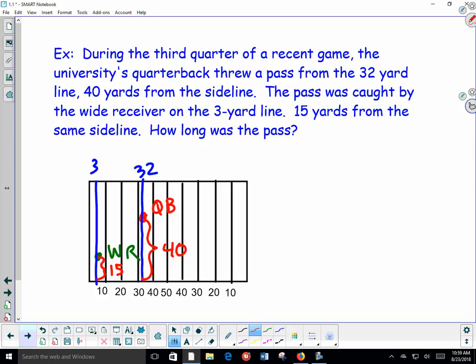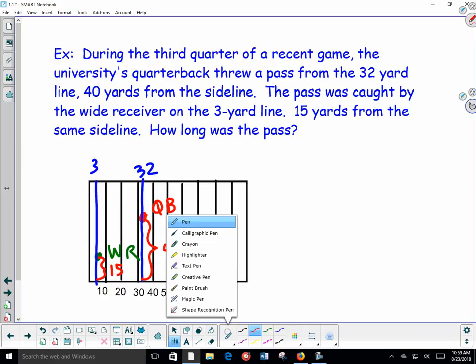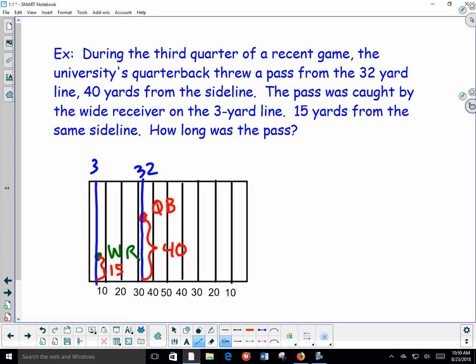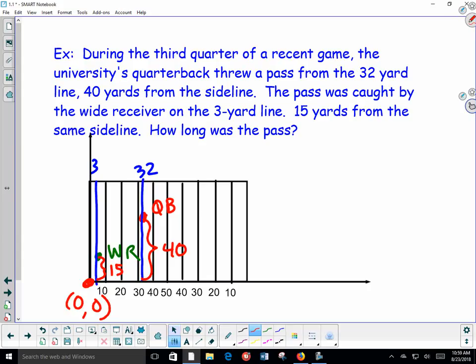So really, if we picture that this is like the x-axis here, and this is like the y-axis here, and this point right here would be (0, 0), and so for the quarterback's ordered pair right here, I'd have to go 32 units over and 40 units up.